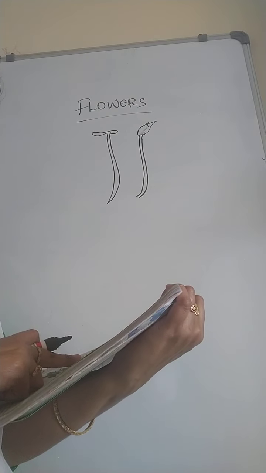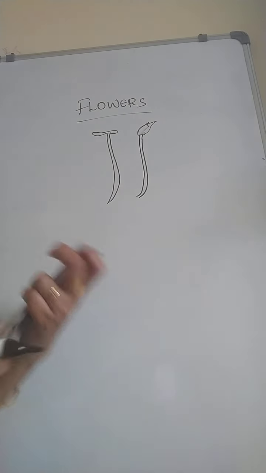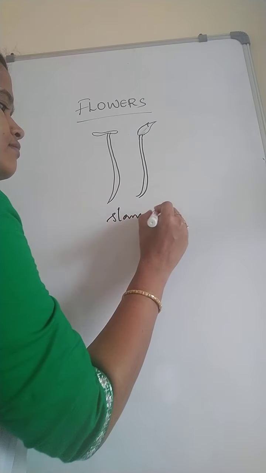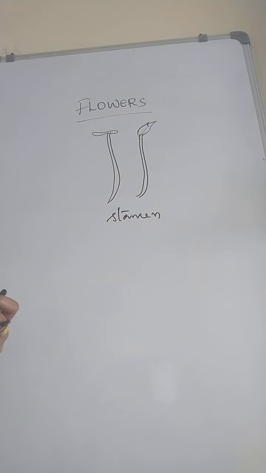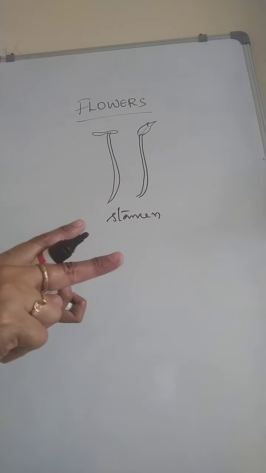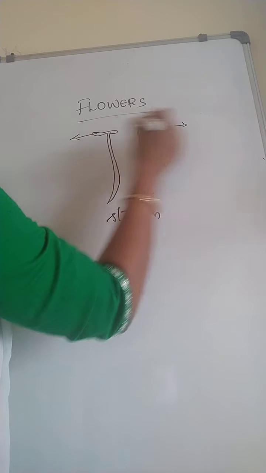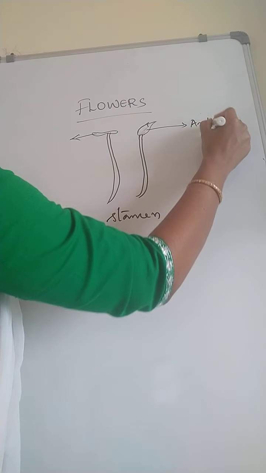Can you recognize two parts of the stamen in your flower? So this is the stamen. This whole diagram we can call a stamen. So there are two parts in the stamen. They are called anther, this area we can call anther.